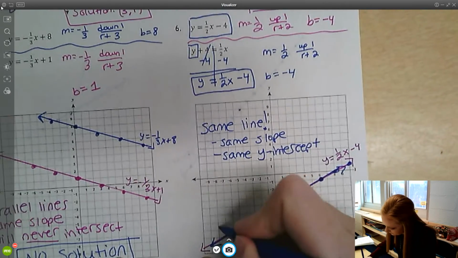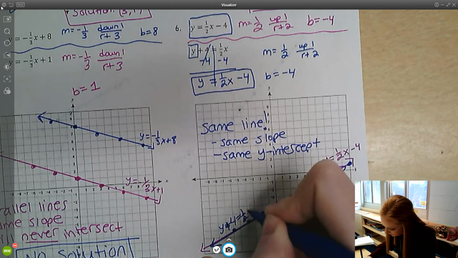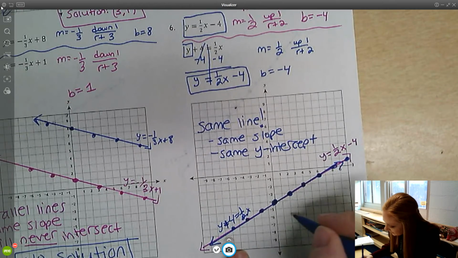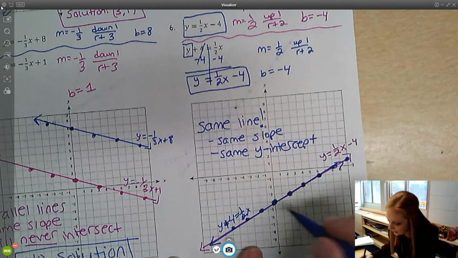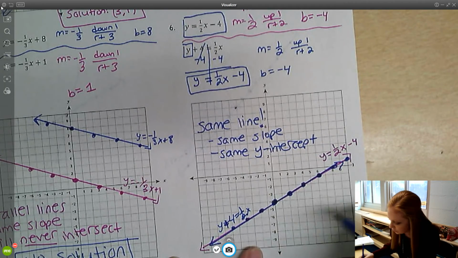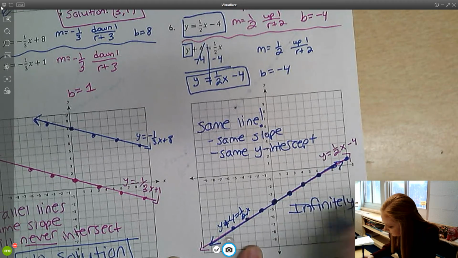And label it. Oops, so it was y plus 4 equals 1/2 x. They intersect constantly the entire time. This is a solution. This is a solution. All these points in between are solutions. So this system has infinitely many solutions.